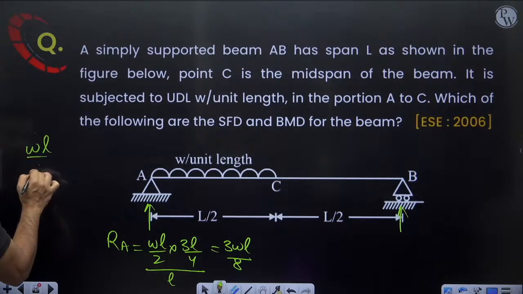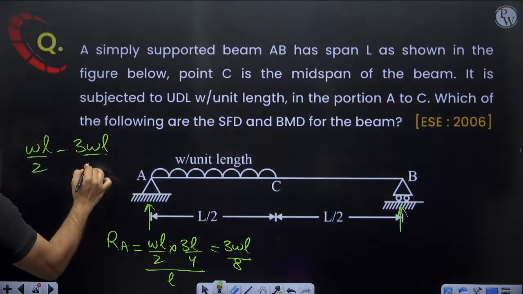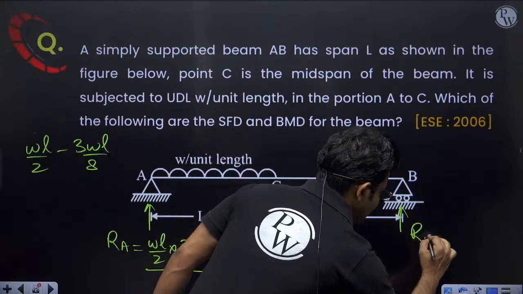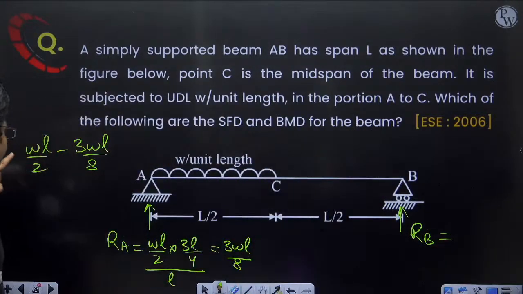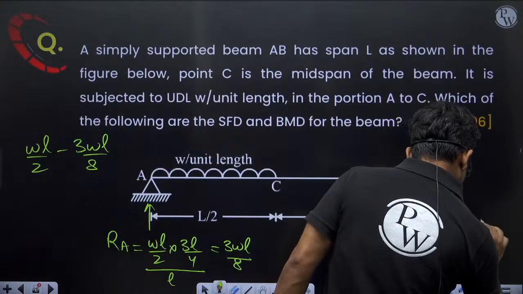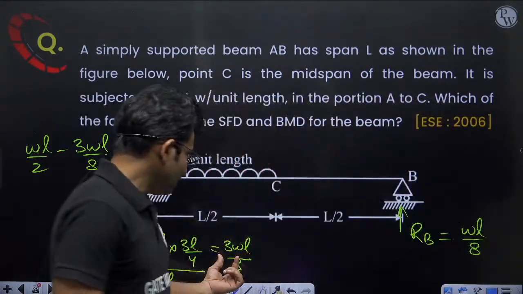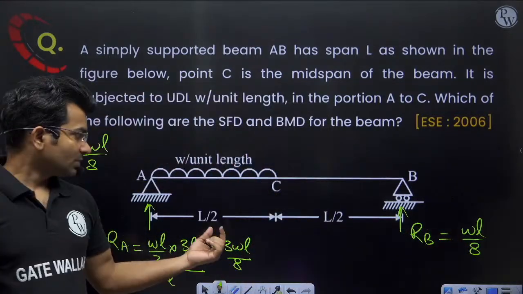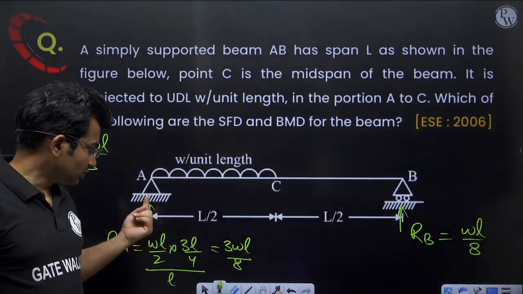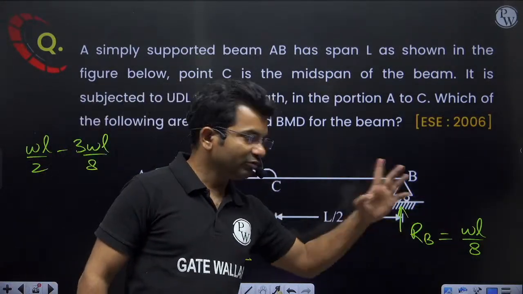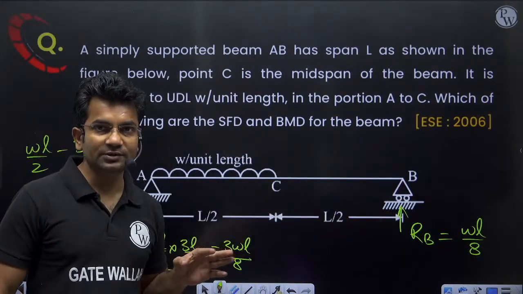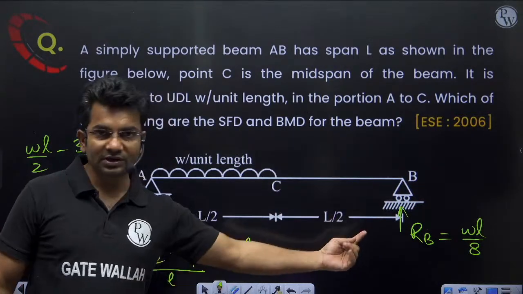So WL by 2 minus 3WL by 8 gives the support reaction at RB, which will be WL by 8. So 3WL by 8 plus WL by 8 is 4WL by 8, that means WL by 2, which is the total load. Is it clear how we have got these support reactions RA and RB?